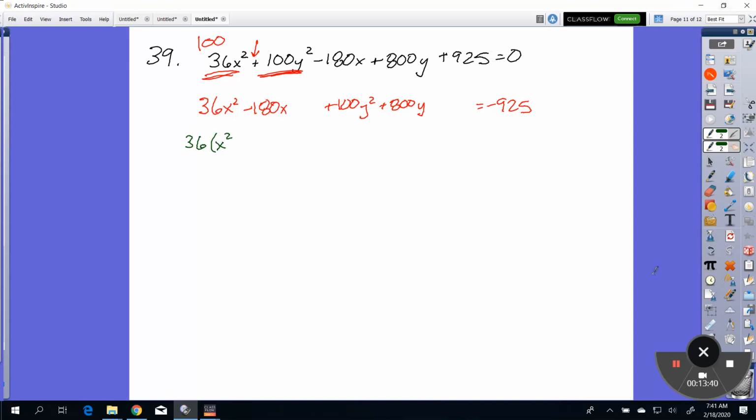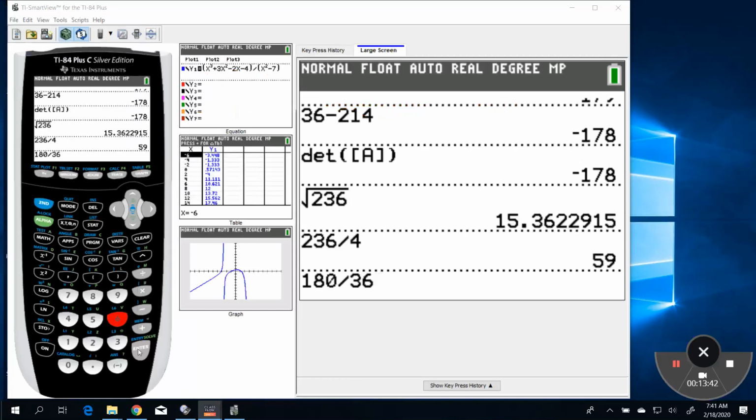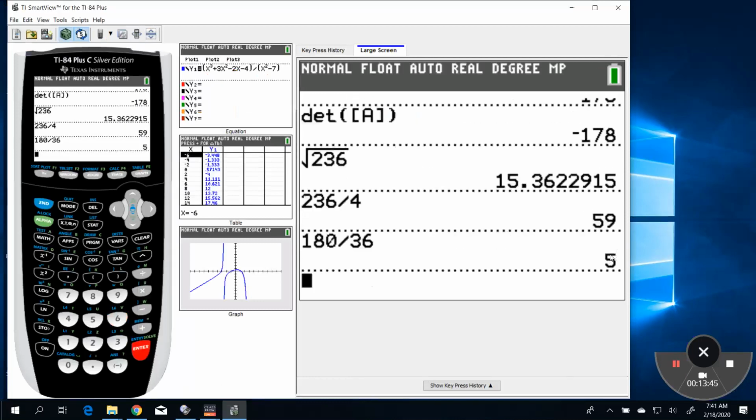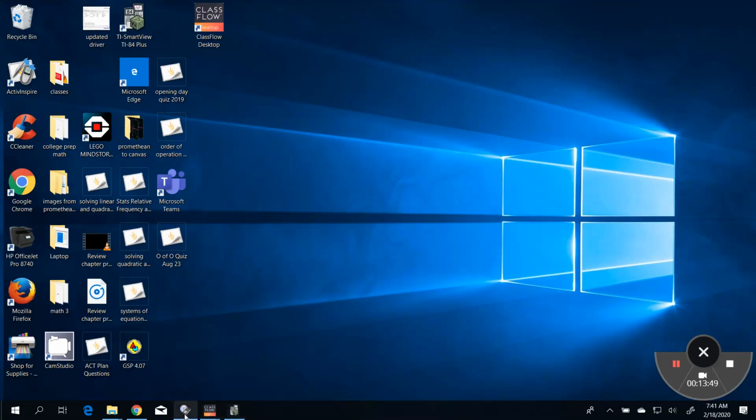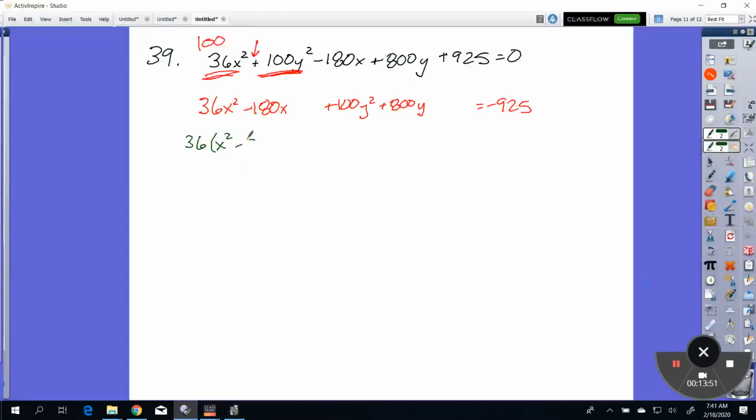So 180 divided by 36 is 5. So that's 5. And we leave the space. So this is completing the square. And then 100 and 800 are each divisible by 100.